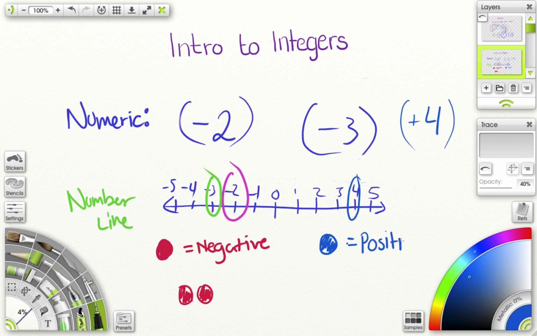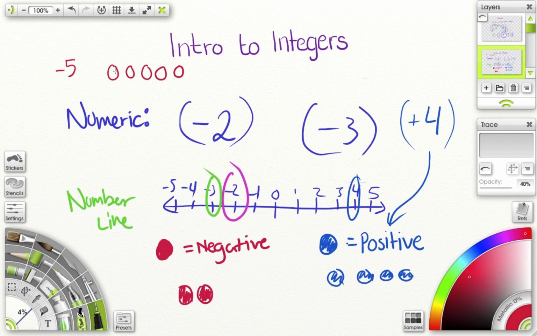Okay, so we have red as negative down here, and then I'm going to represent positive 4. So I have 1, 2, 3, 4 blue counters. And if I have a negative number, let's say I did -5, I could represent that as 1, 2, 3, 4, 5 red counters.